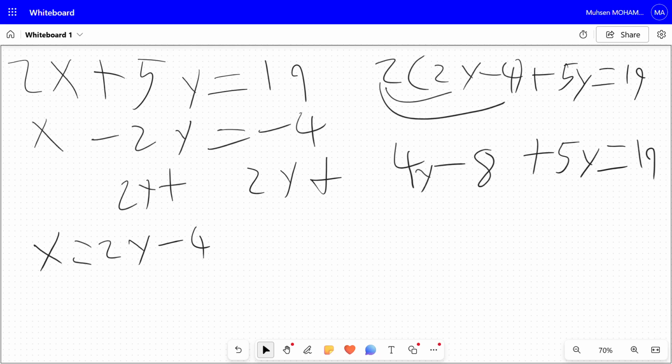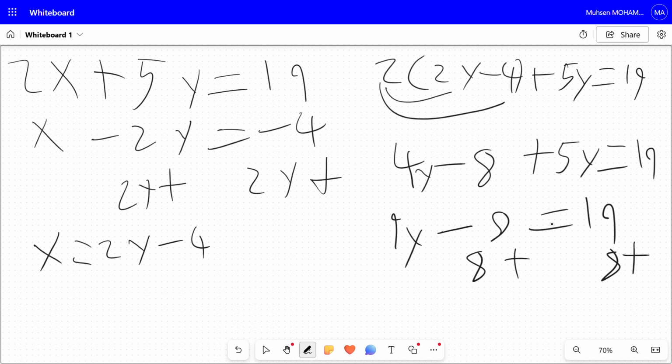Then I can put like terms together, which will give me 7y minus 8 is equal to 19. And I can do plus 8 on both sides, which will give me 7y is equal to 27. Then finally, I can divide by 7 on both sides, which will give me the answer y is equal to 3.